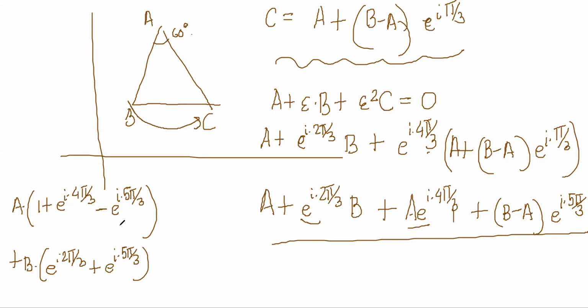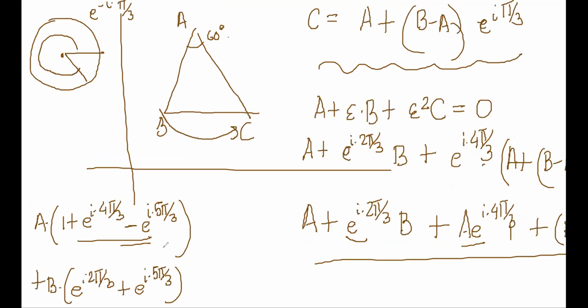Now, e power i 5π/3, that is 300 degrees, right? That is the same as e power i minus π/3. So minus e power i minus π/3. Let's check the values.